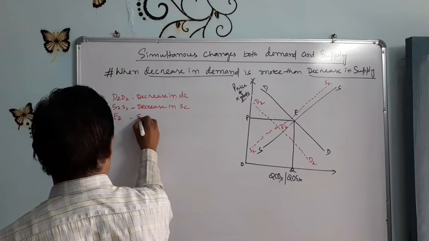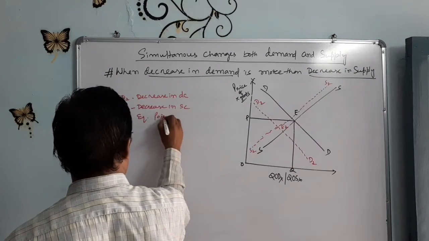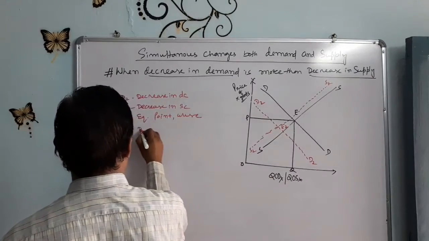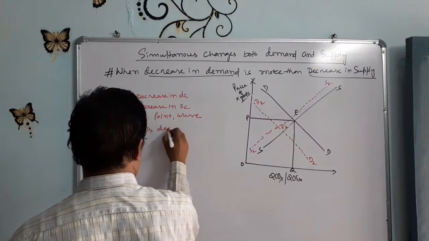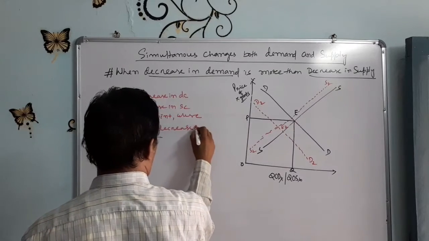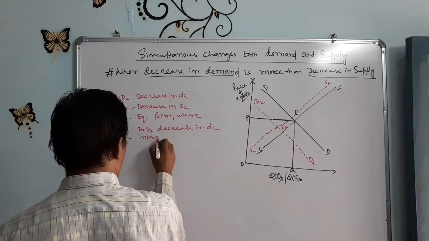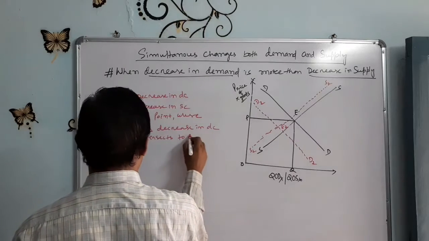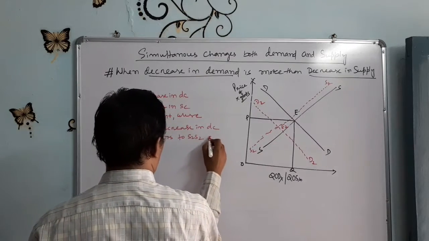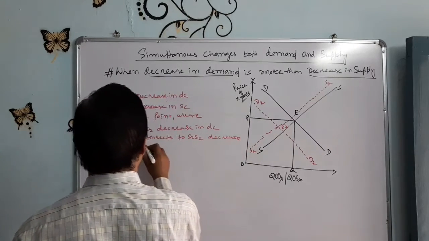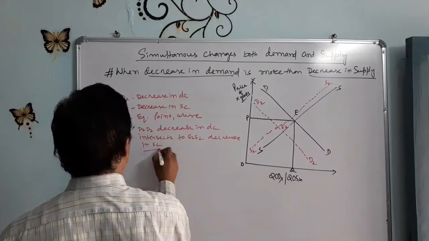E2 is the equilibrium point where the D2 decrease in demand curve intersects the S2 decrease in supply curve. Clear?